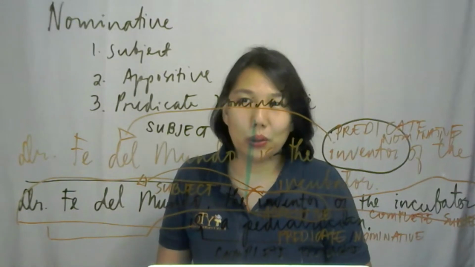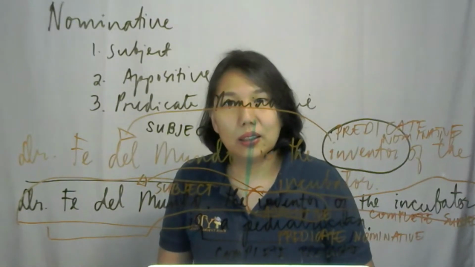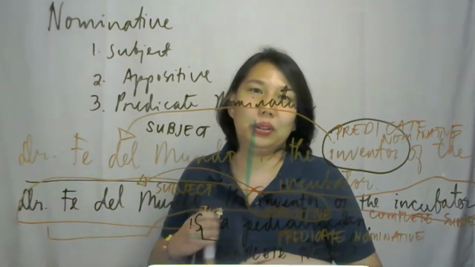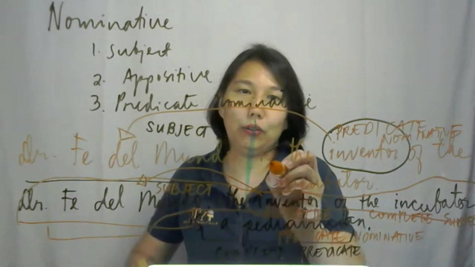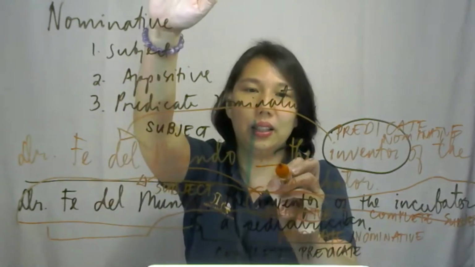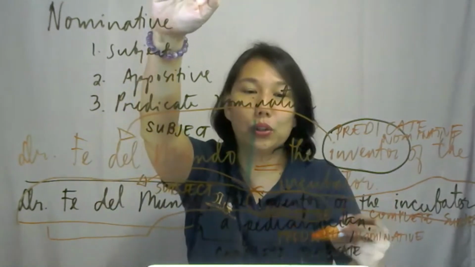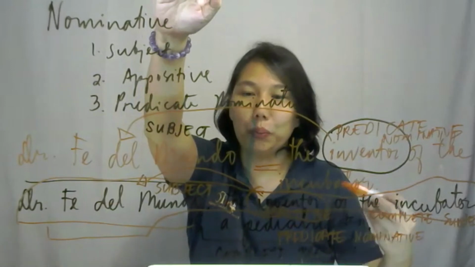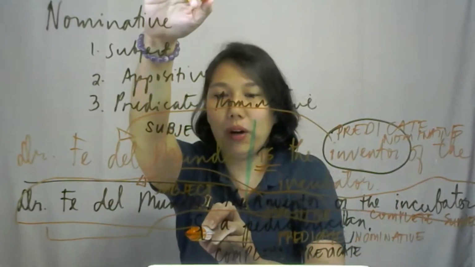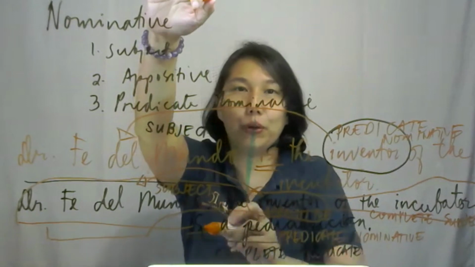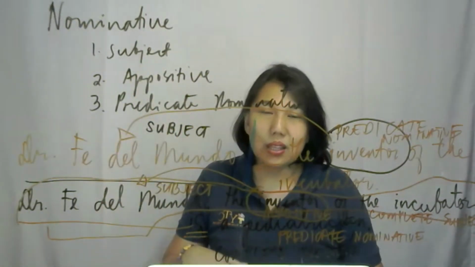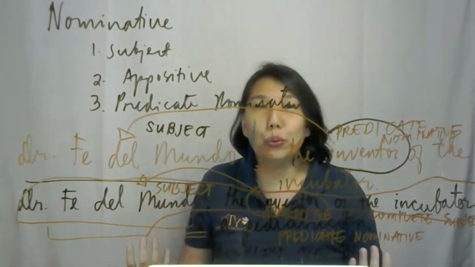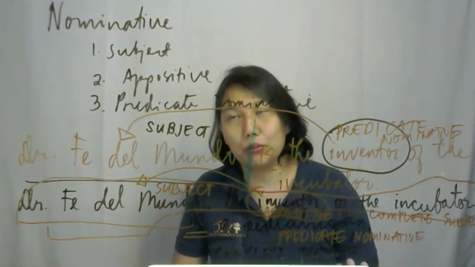Notice also that the predicate nominative is followed by a linking verb. It is not always followed by the linking verb is, but it could be followed by any linking verb aside from is. All right, so these are some of the uses of nouns in the nominative case.